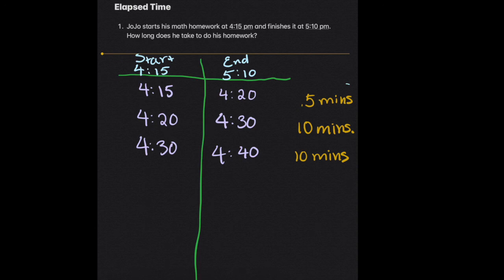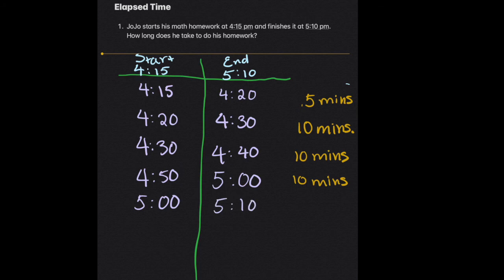4:50 to 5 p.m. Oh, we're almost at our time, because our time is 5:10. And we are at 5 o'clock. So this should only take a couple more times. 5 p.m. to 5:10, which is, guess what? 10 minutes, and we've reached our final time.